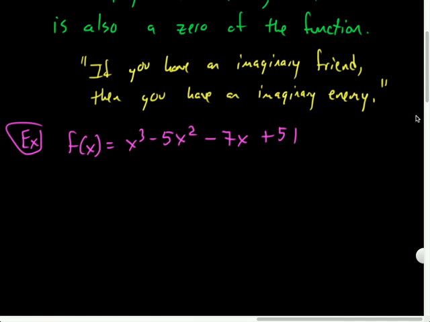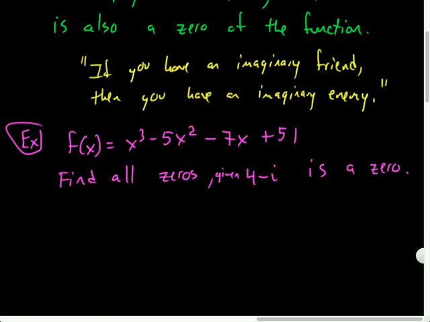And I tell you, find all zeros, given that 4 minus i is a zero. That might make more sense.